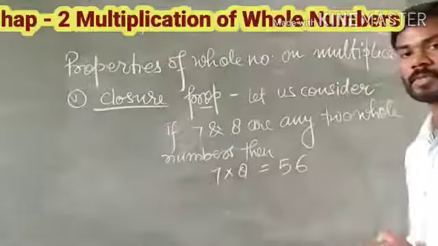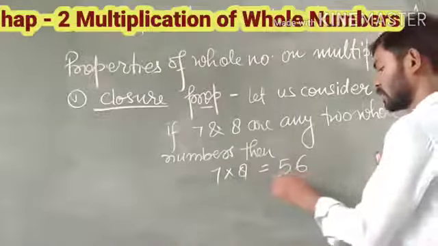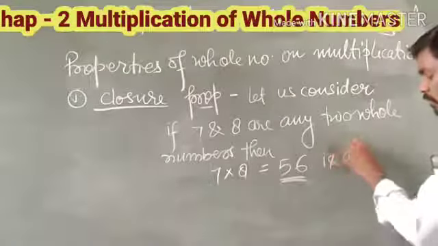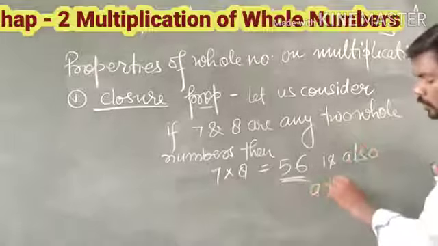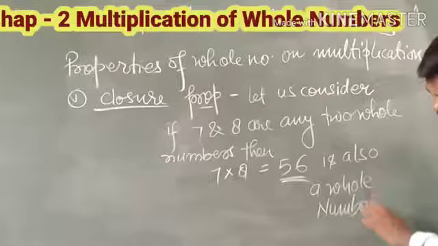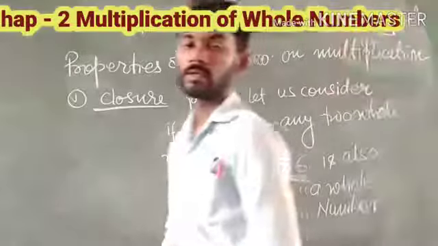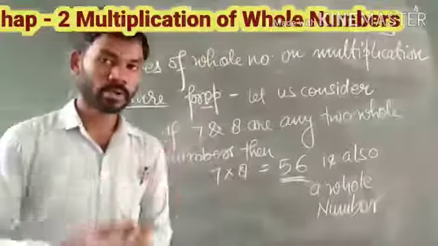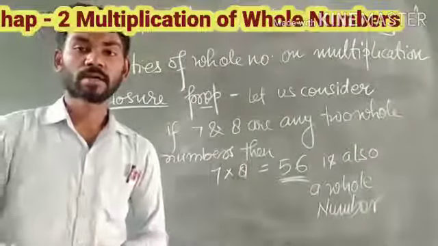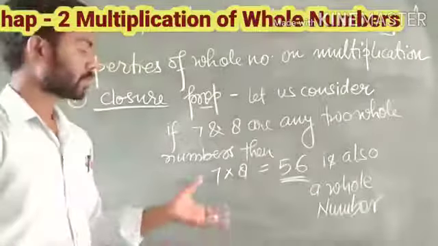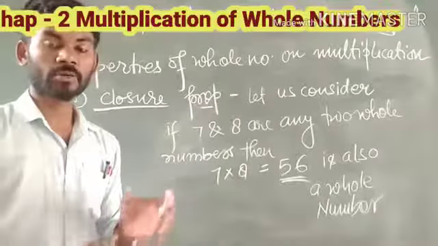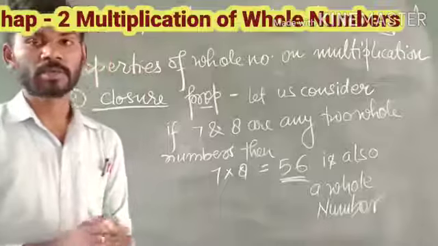What is 56? 56 is also a whole number. So we can say that the whole numbers under the operation of multiplication satisfy closure property. In this way we can show the closure property, and I hope the closure property is clear to everyone.